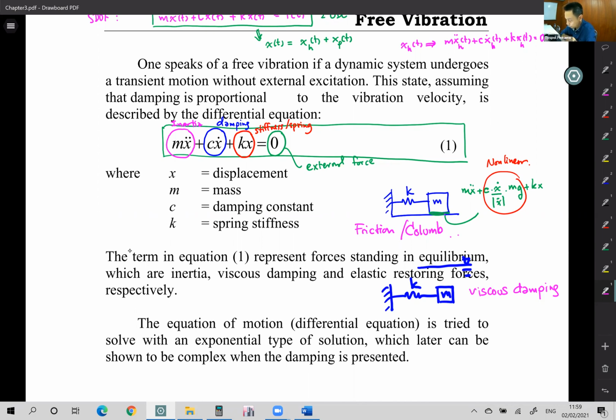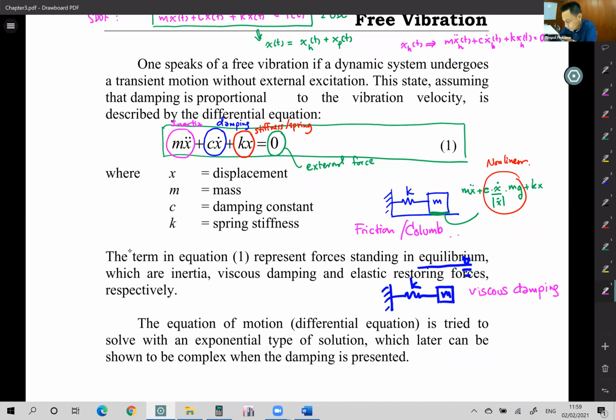That's why I have to divide by the absolute of x dot, because it's not proportional to the velocity. If you increase the velocity of the mass, the friction force stays constant. It's just the normal force, mg, multiplied by the friction coefficient.